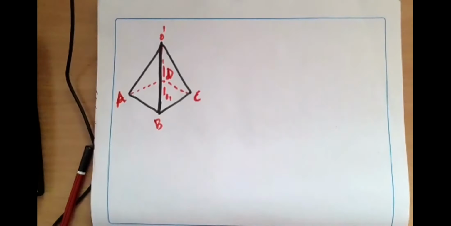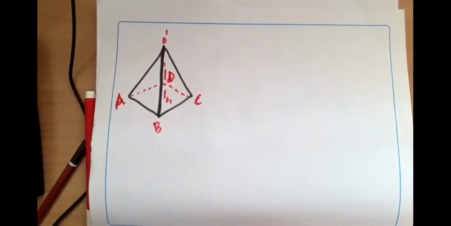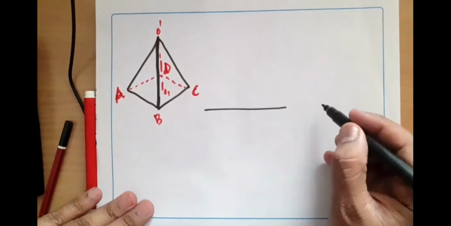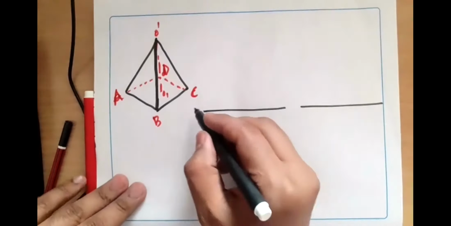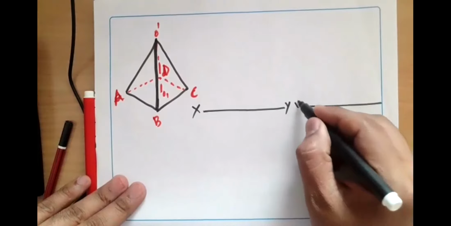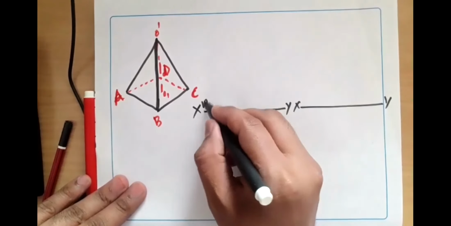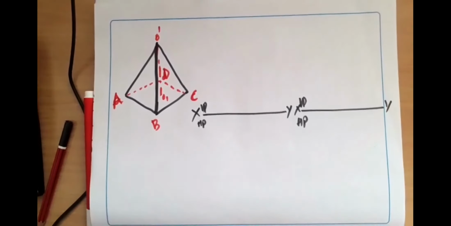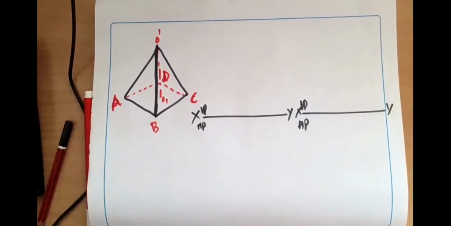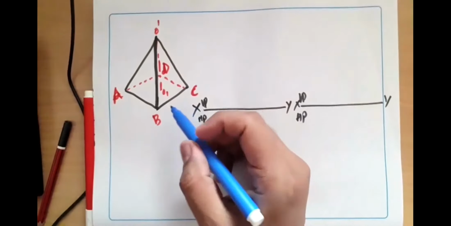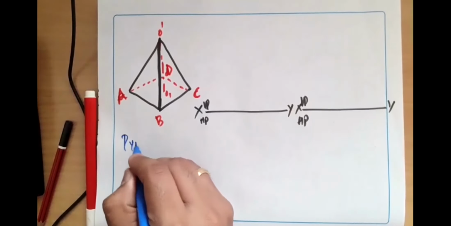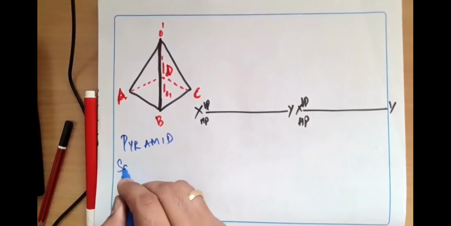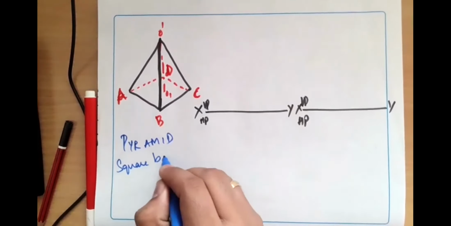Capital A, B, C, D is the name of the solid. So if it is in a corner condition, if it is an edge condition, how to name it is important. So if it is an edge condition, if the pyramid, this is a pyramid, the question may be given with a square base pyramid.